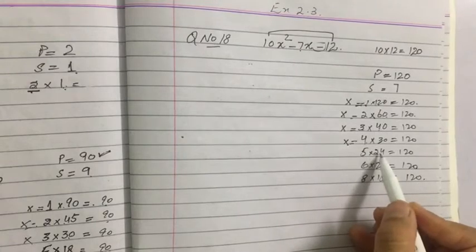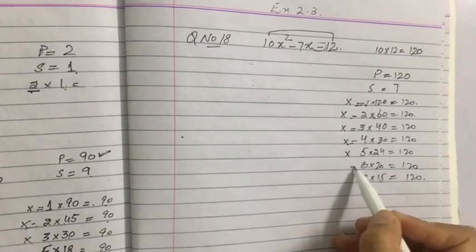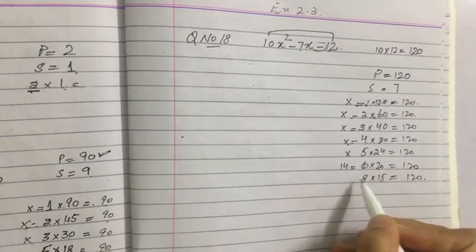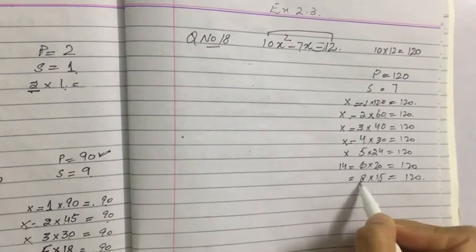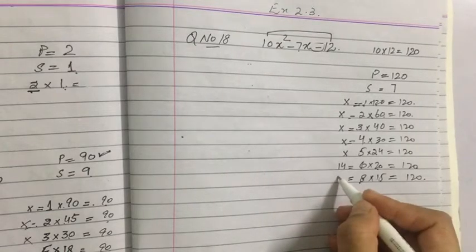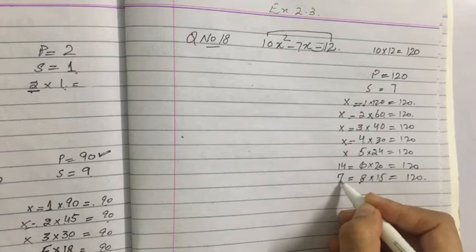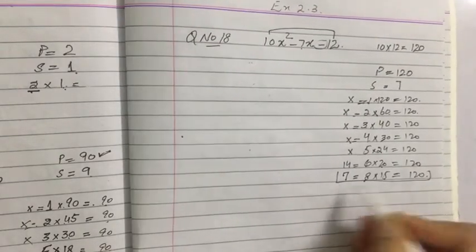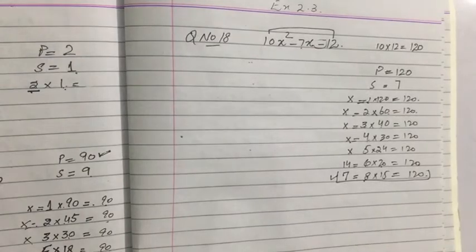The difference of 5 and 24 is not 7. For 6 and 20, the difference is 14, and the difference of 15 and 8 is 7. So this one is our required one, 8 and 15.